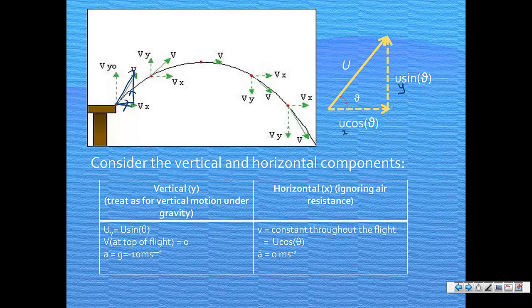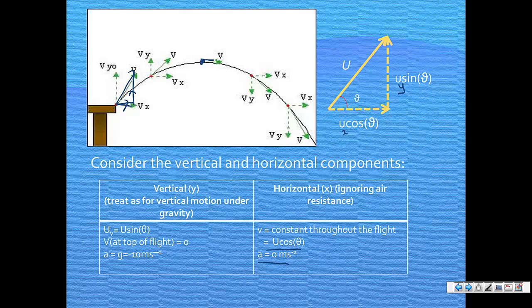The horizontal would not change throughout the flight, so it's always going to be u cos theta. And once again, the acceleration is still 0. With the vertical component, this time, however, the initial speed is u sin theta, and at the top of the flight, there is no vertical component, it is 0.